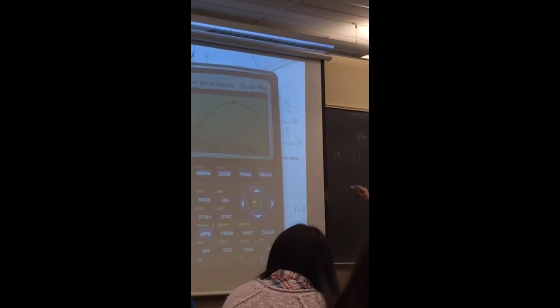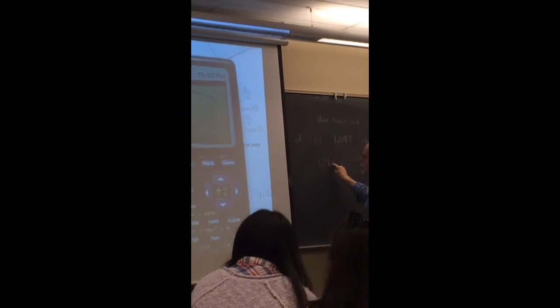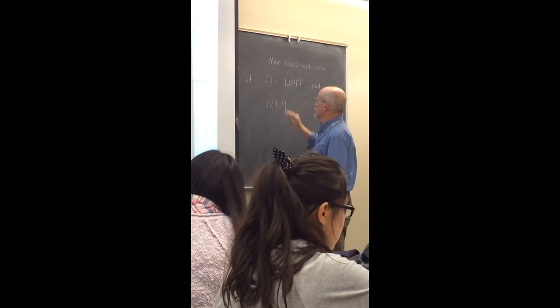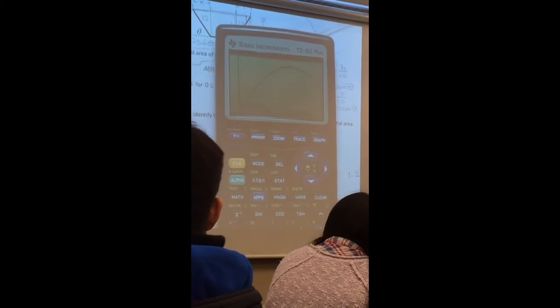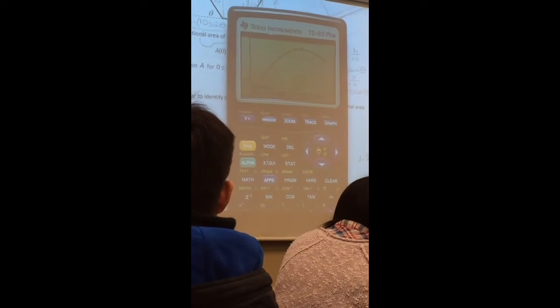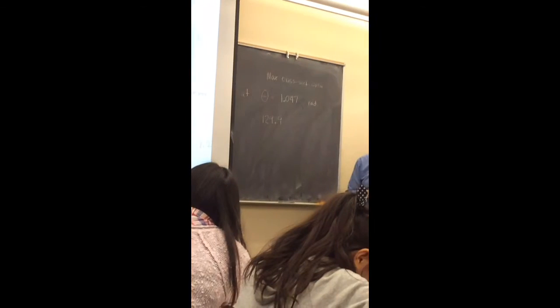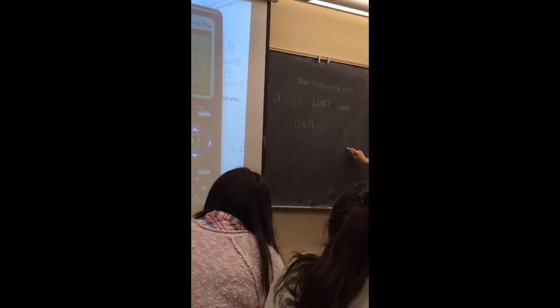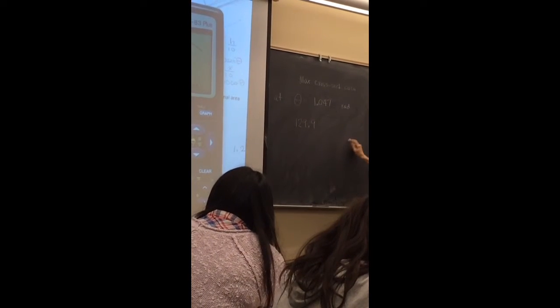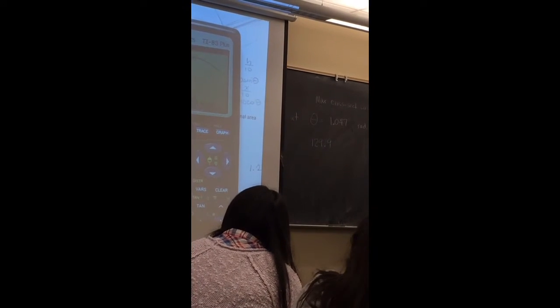What is this 129.9? What are the units, first of all? It's the area over... Okay. So it's the cross-sectional area, right? It's if you cut it, it's the face.